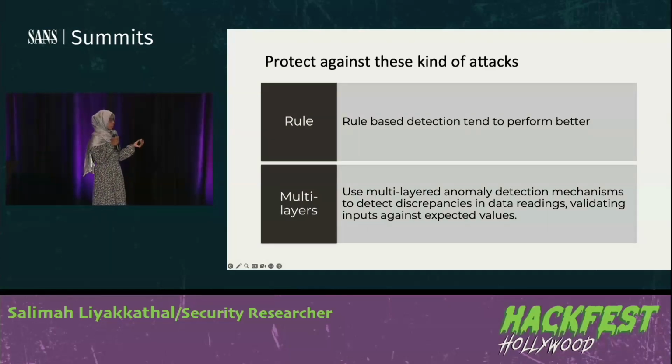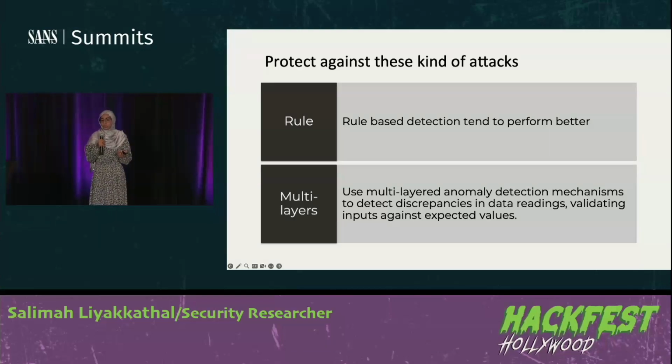But with rule-based models, let's say the rule is when the tank value is at 300, it doesn't matter if the attack is slowly being carried out. Once the water level reaches below 300, it will just trigger an alarm. So it could be 302, 301, 300, trigger an alarm. That is what I noticed.